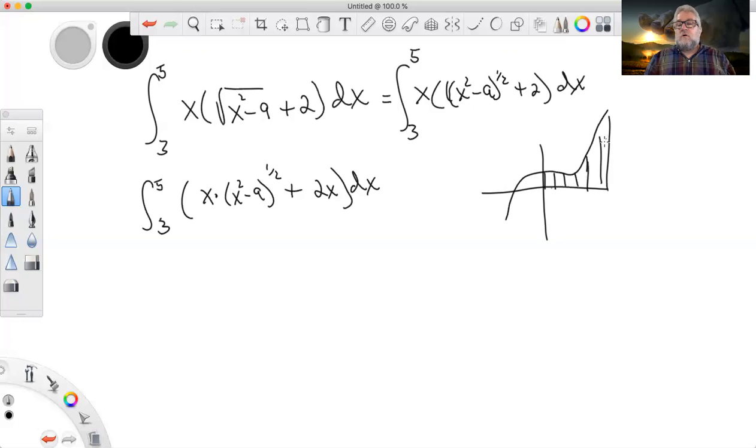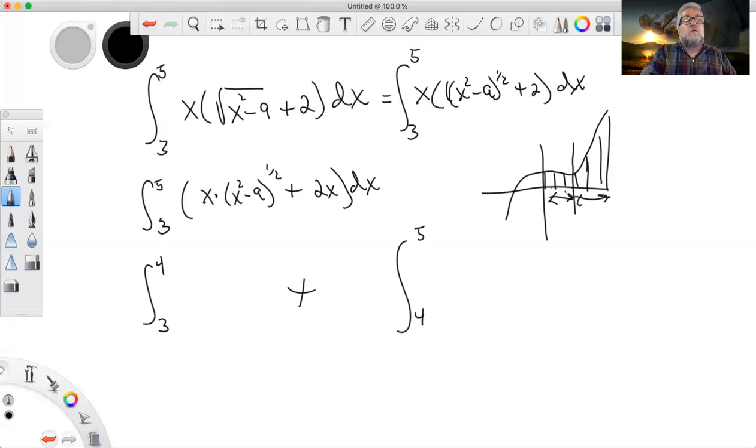So this is a sum. And so there's two things I can do. I could break this up into an integral from 3 to 4, and then an integral from 4 to 5. It's like breaking this into two pieces and adding up one part and adding up another part.